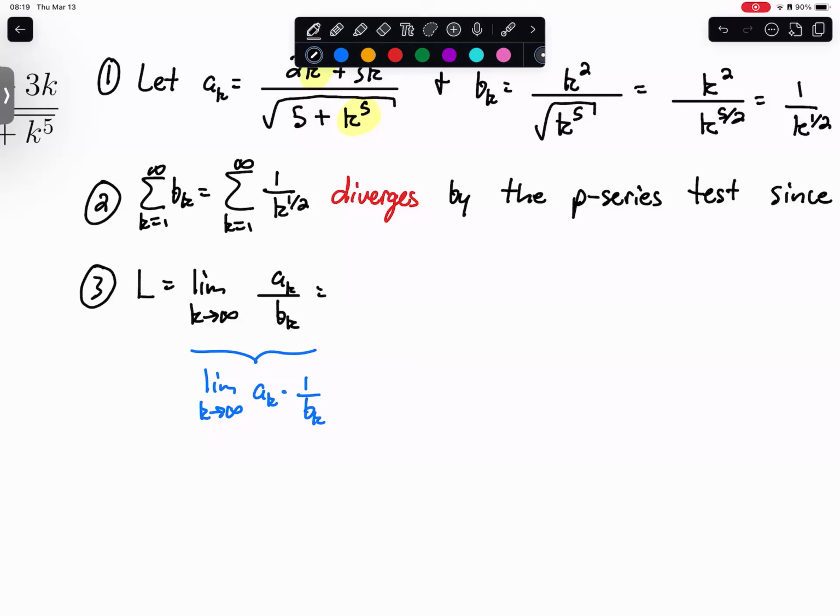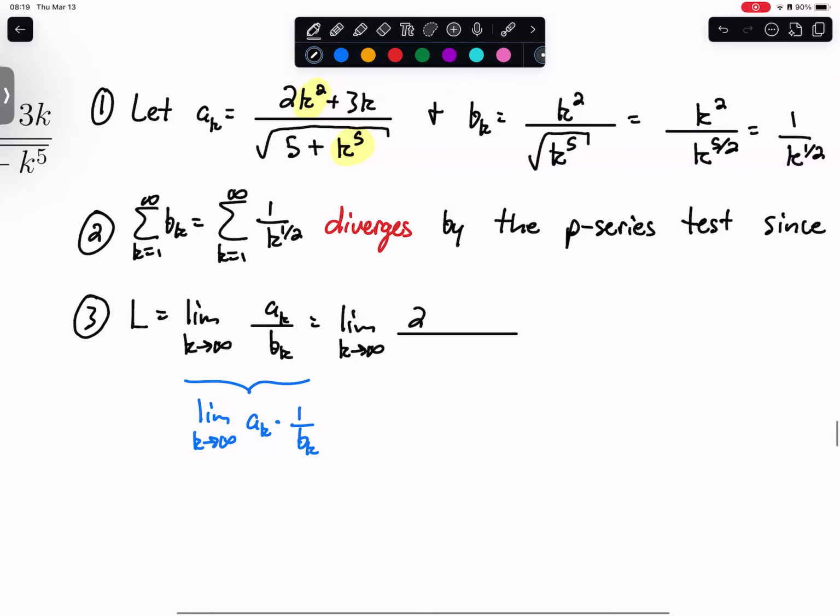If you do that, let's see what we get. We have the limit as k goes to infinity. I have my A of k terms that I could write down right now as 2k squared plus 3k times the square root of 5 plus k to the fifth. Well, since b of k is 1 over k to the 1/2 power, then its reciprocal would just be k to the 1/2.